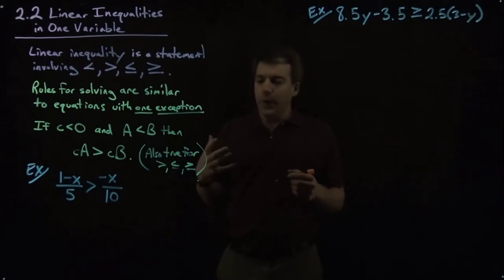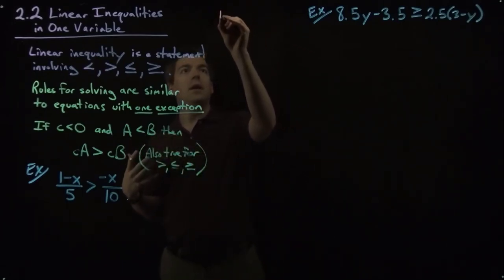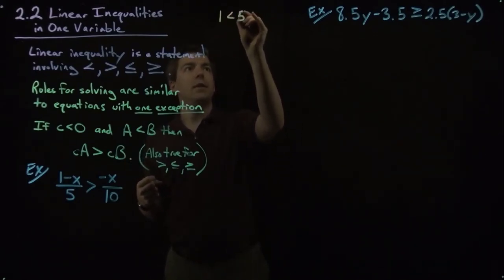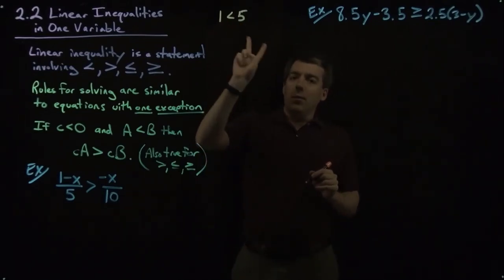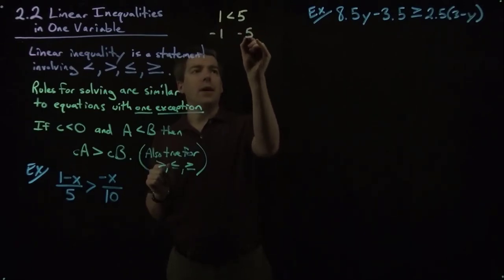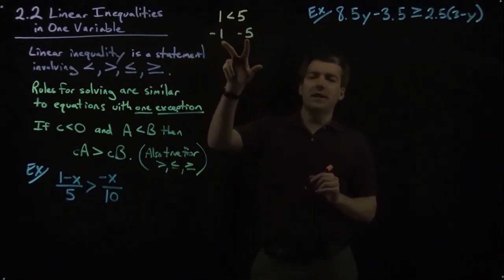Well, if you think of an inequality that is true, let's say we know 1 is less than 5, and we multiply both sides by -1, that leaves us with -1 and -5. Now it's clear that -1 is no longer less than -5.